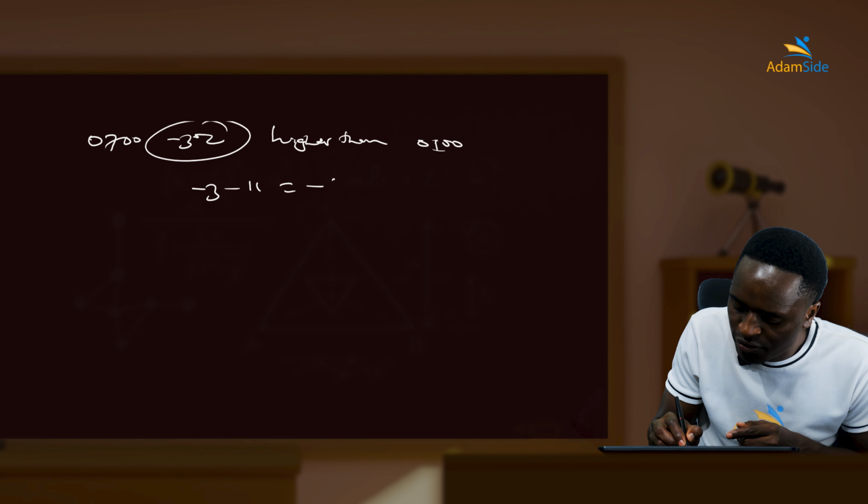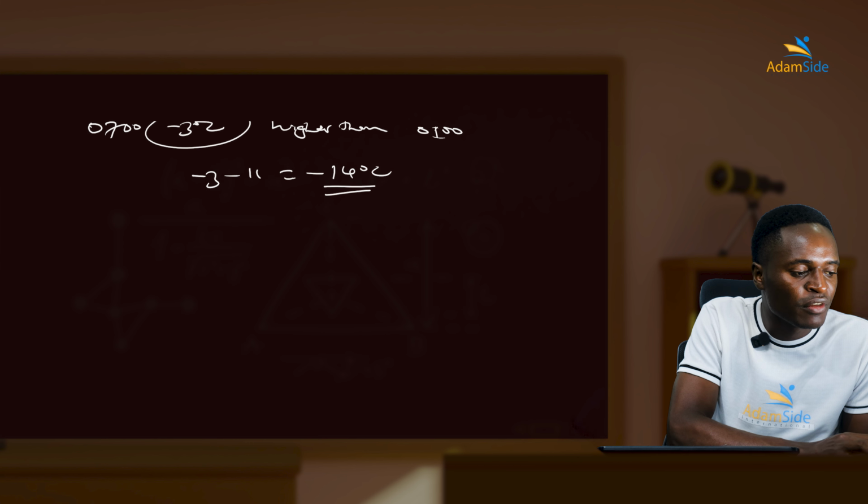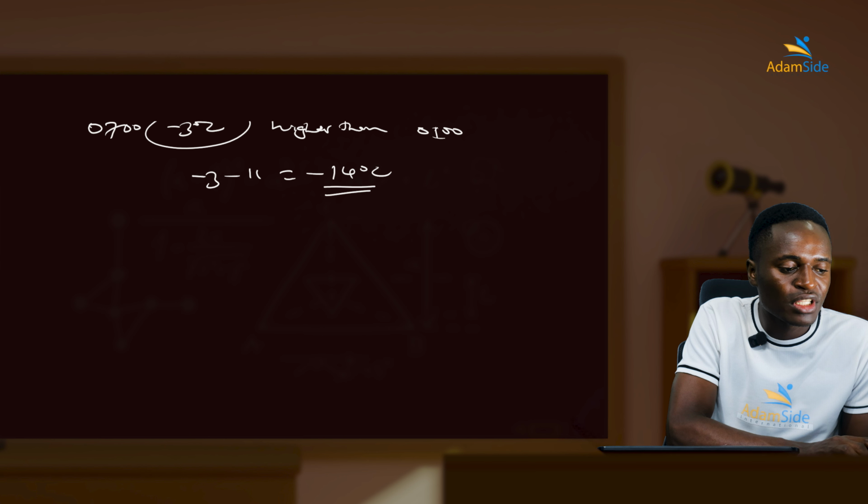So it will be negative 14 degrees Celsius. You need to understand this. This is the examiner's trick. If that one was negative 3 and is 11 higher than the temperature at 1, therefore the temperature at 1 is 11 degrees lower than negative 3. So subtract 11 from negative 3. You get your answer. Correct.